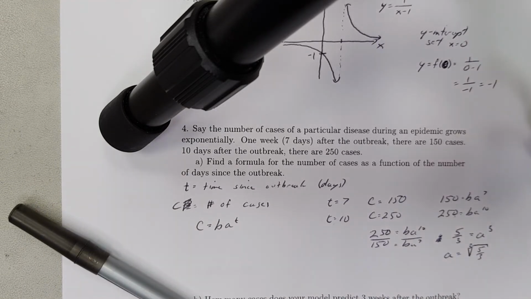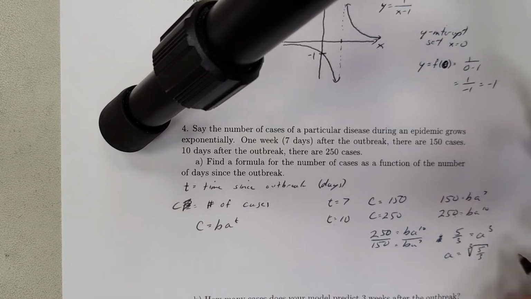I can go ahead and put that into my calculator. So we're going to take 5/3 and raise it to the power of 1/3, or in other words, take the cube root. And I'm getting about 1.186. So approximately equal to 1.186.